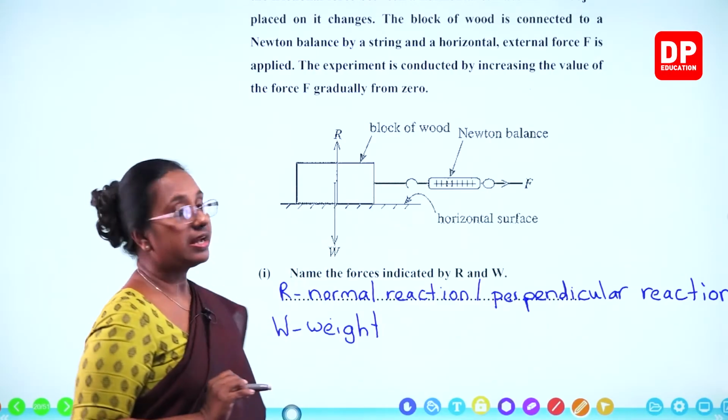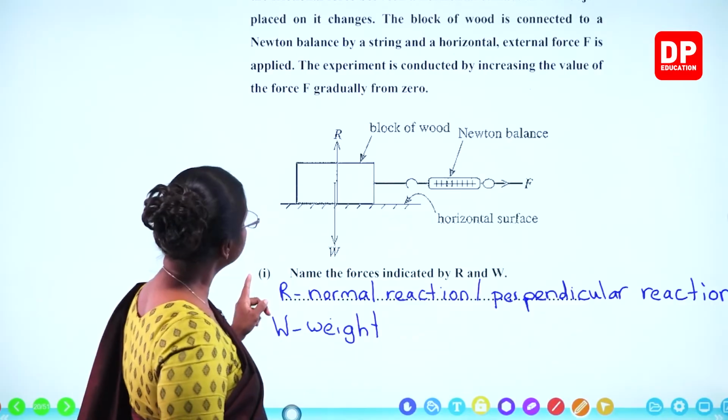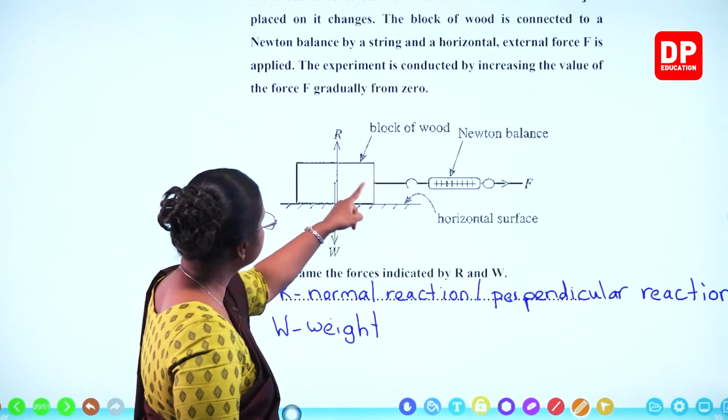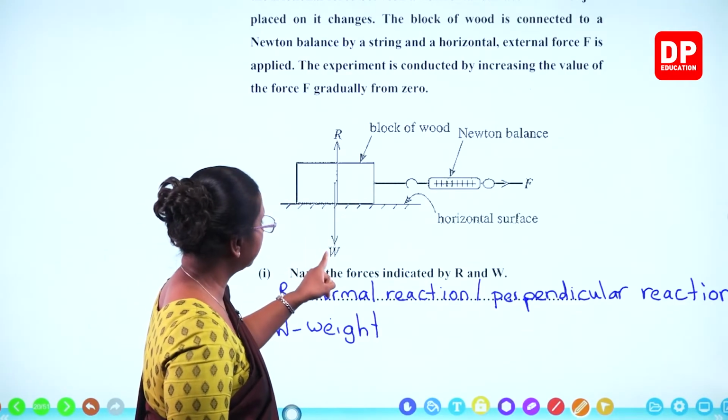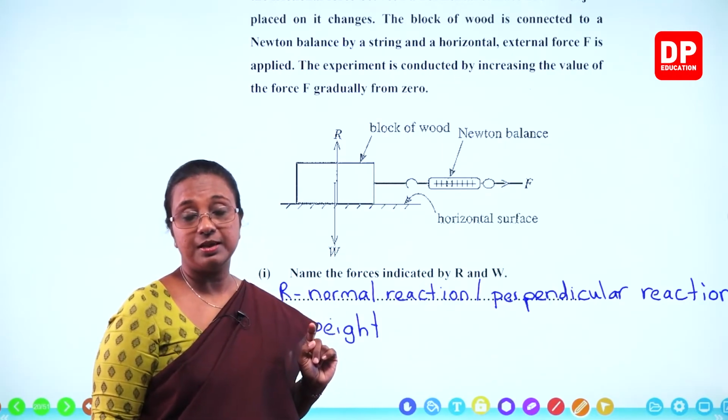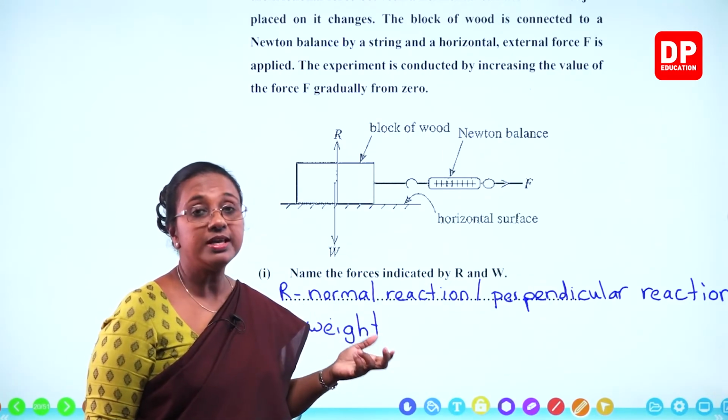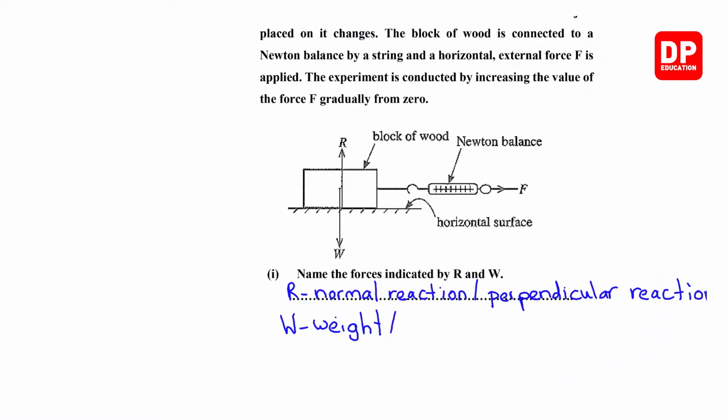Now instead of writing it as weight, you can also say the force exerted by the object on the surface of the table. That also is accepted.